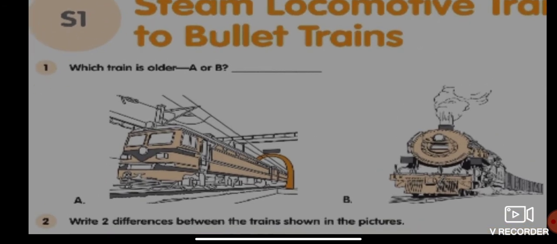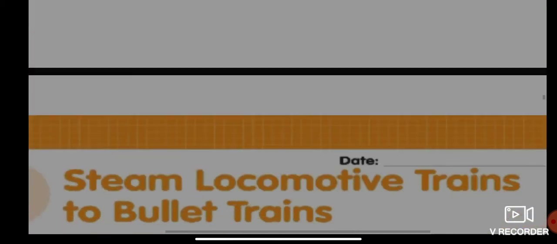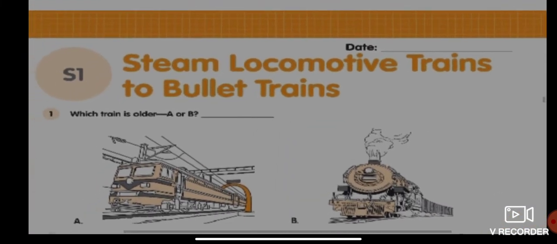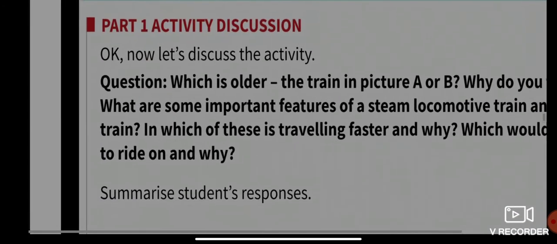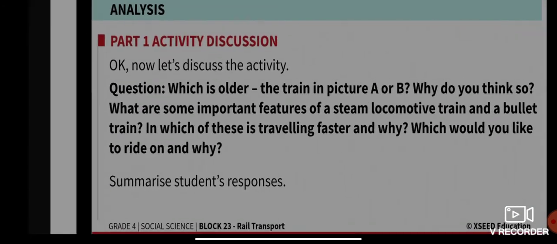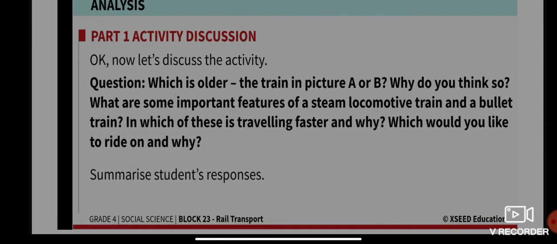Which train is older, A or B? Which is older, the train in picture A or picture B? And why do you think so? What are some important features of a steam locomotive train and a bullet train? Which of these is traveling faster and why?